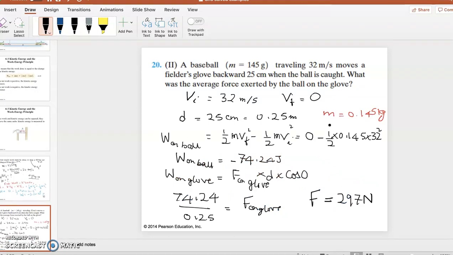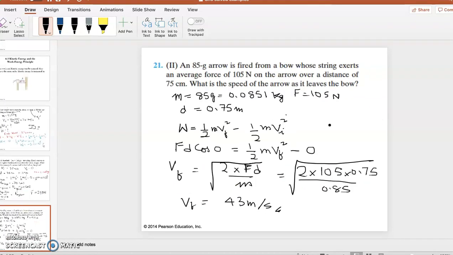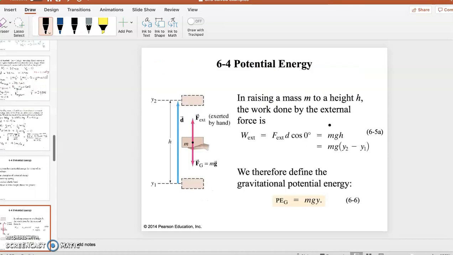Alright. Let me go through this example. Guys, you know that not all the forces will have work done due to them.